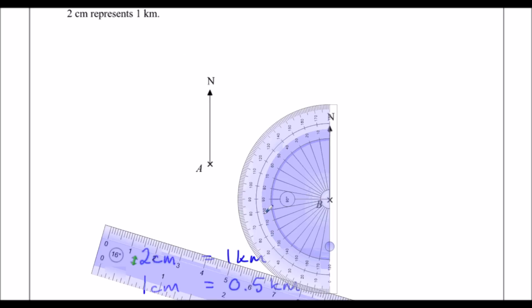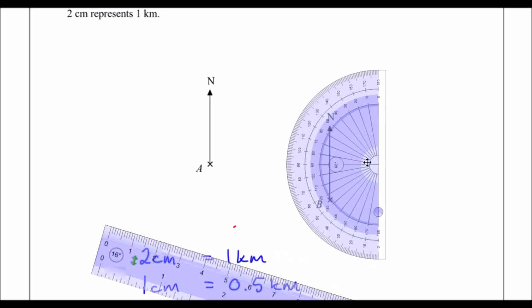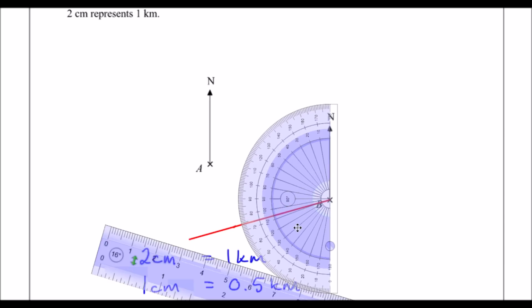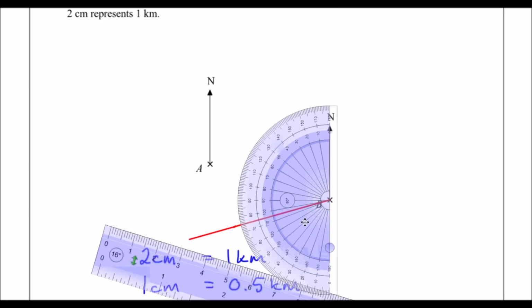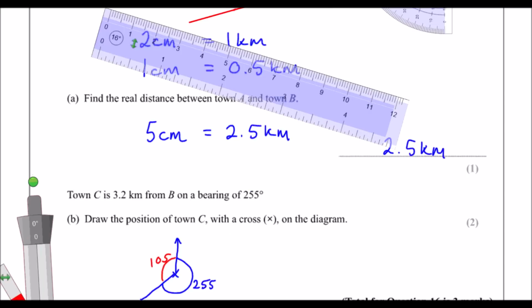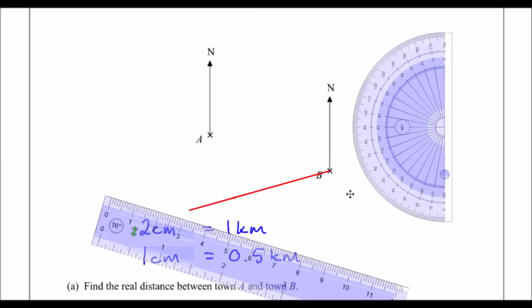So 105 degrees, that will be there, and we'll draw a line from the cross in that direction. I'll just check I've got that right. So it looks right. Yeah, that's okay. So that's a line on a bearing of 255 degrees. From north, it's 255 degrees around.